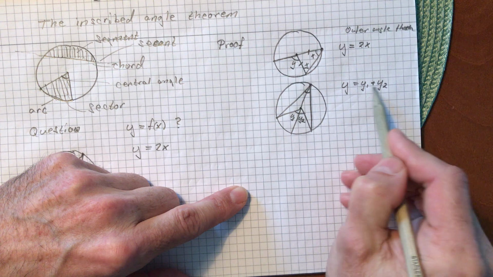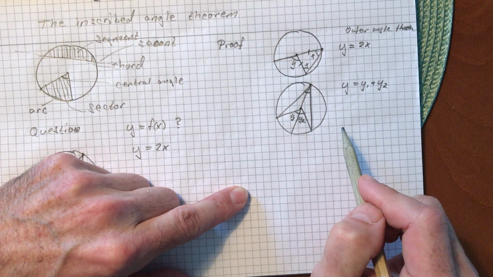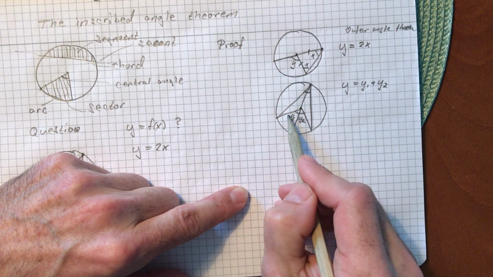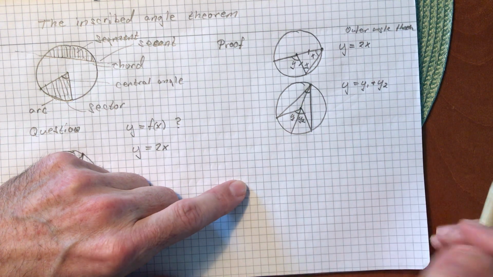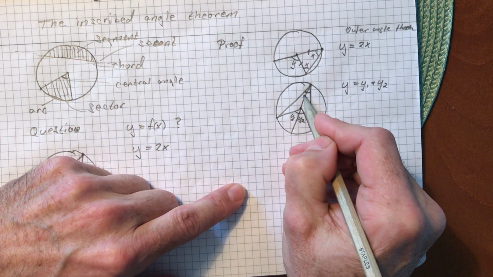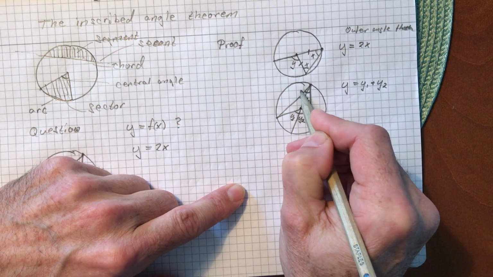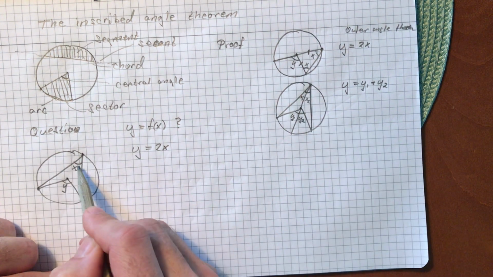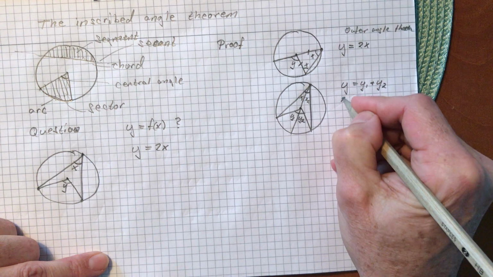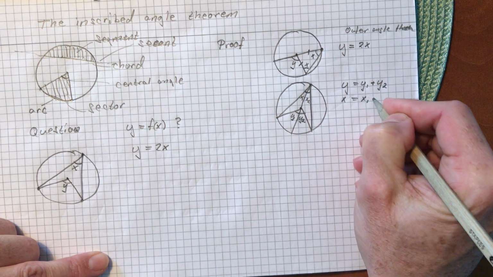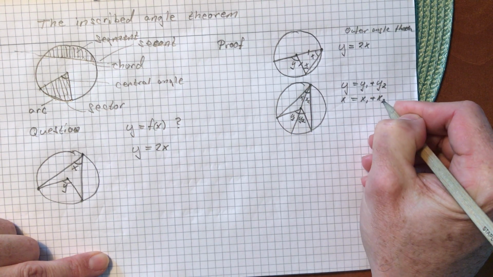And they don't have to be equal to each other. If it looks like it, it's just a coincidence. I have x1 here and x2. So the angle that I want to use is x, and x is equal to x1 plus x2, like this.